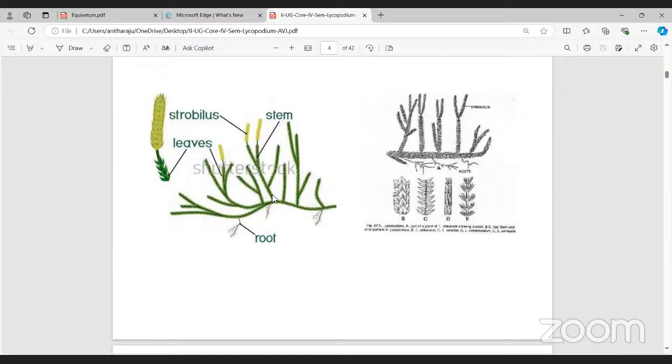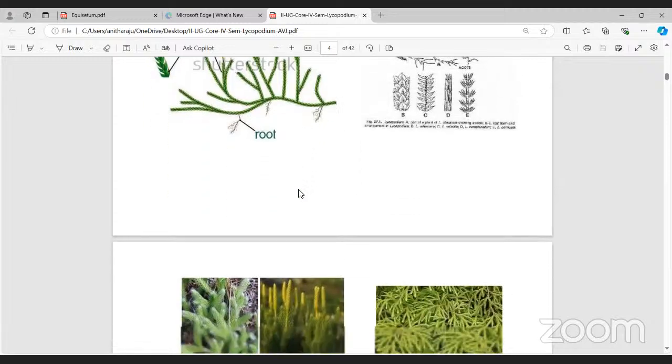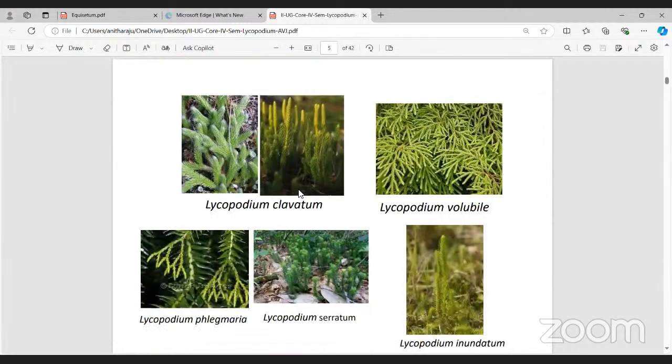Lycopodium may be horizontal like a rhizome in this diagram, or an erect stem, or both are present like this. This is the sporophytic body, and this sporophytic body is distinguished into three parts: root system, shoot, and green leaf, like this. These are all Lycopodium species.